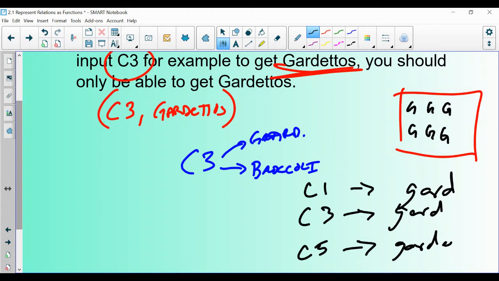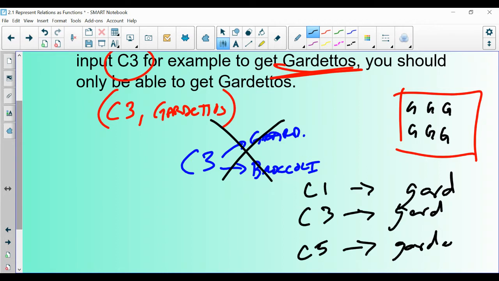That would be a working vending machine, would it not? It seems weird, but you would not say the vending machine is broken. It's just only got Gardettos. It must be out in front of Mr. Necklace Room because that's all he wants anyway, right? So the difference is, what's not a function would be if you typed in C3, sometimes got the thing you wanted, and sometimes you got something you did not want.